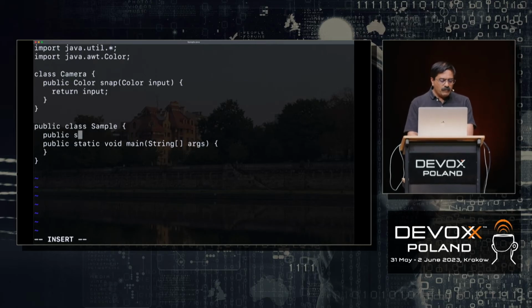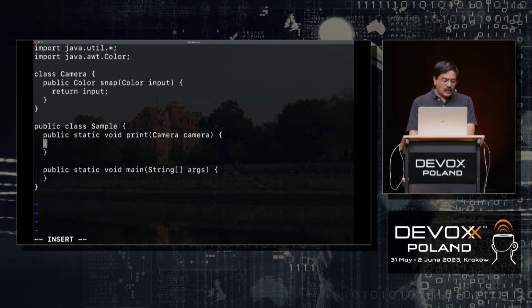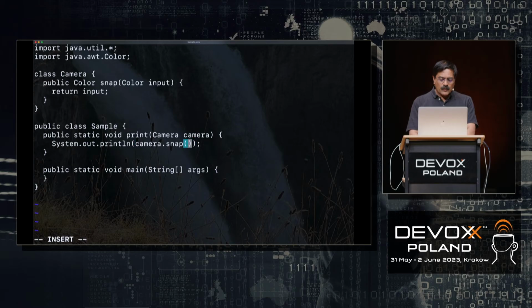So now I have a public function, in this case a print, which takes a camera. I'm going to bring this in as an object right here, and I'm going to simply output camera.snap, and I'm going to provide a new Color. Let's just keep it to 125, 125, and 125. So let's call with that particular function.